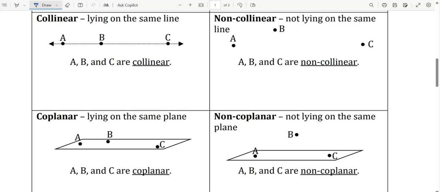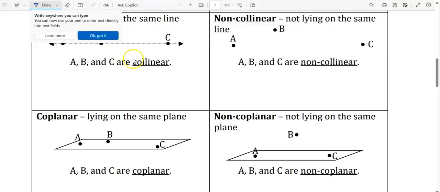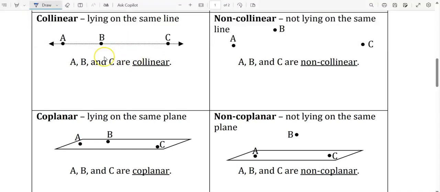So collinear is when points are on the same line. If you look right below that one, you get this word coplanar. Once again, co means they share the same plane. Coplanar, on the same plane. I just want you to see these on top of each other. Collinear is on the same line, coplanar is on the same plane.